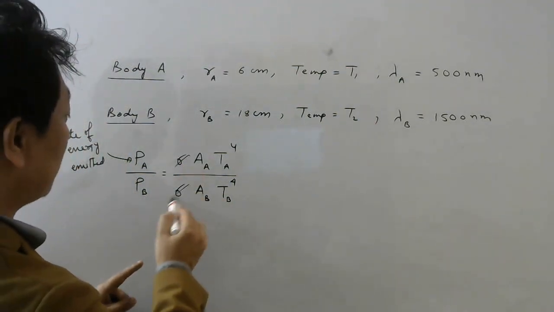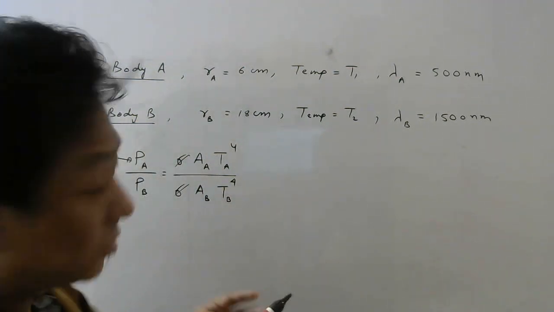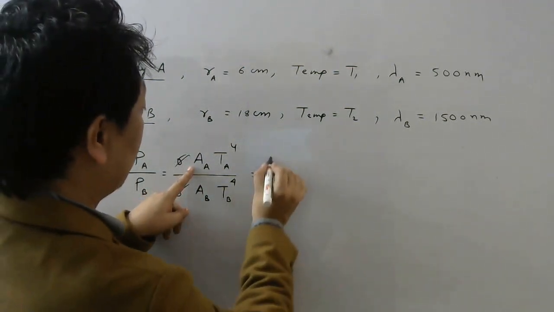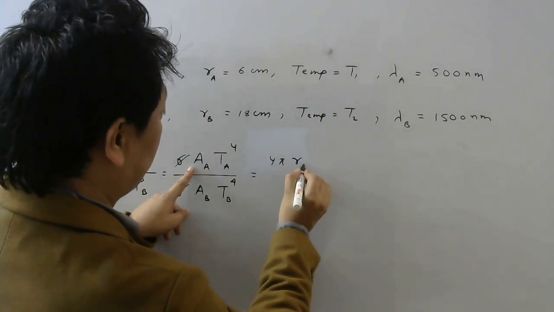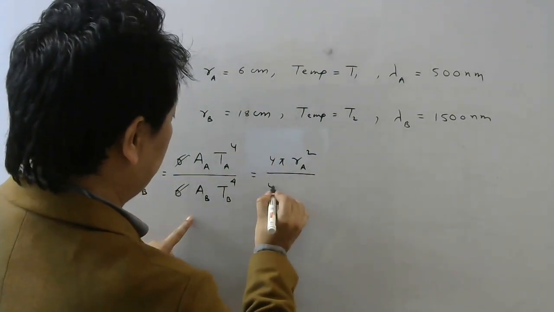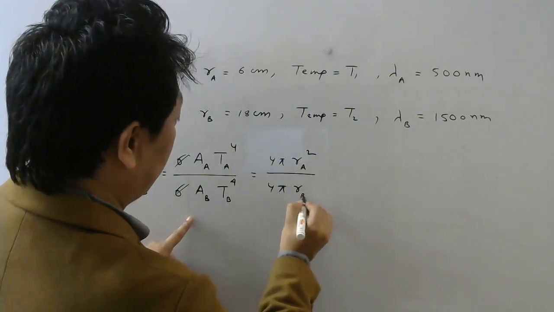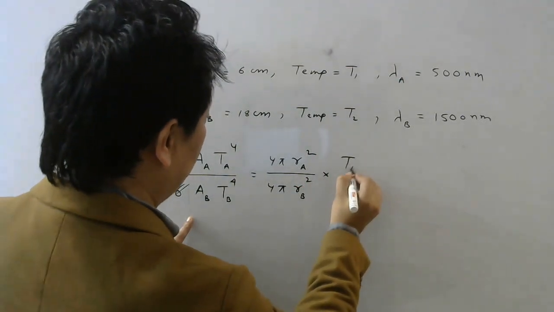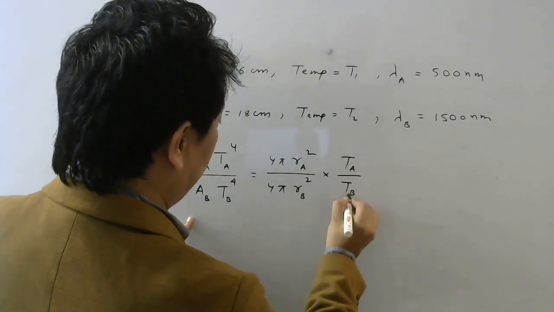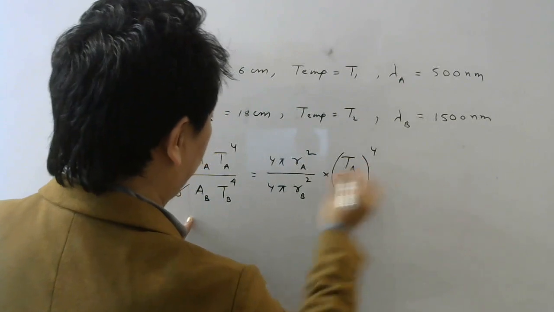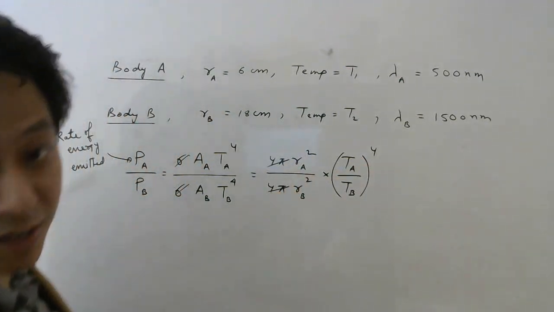So sigma gets cancelled. Now they are spherical bodies, so area can be written as 4 pi radius of A square by 4 pi radius of B square into TA by TB whole power 4. 4 pi also gets cancelled.